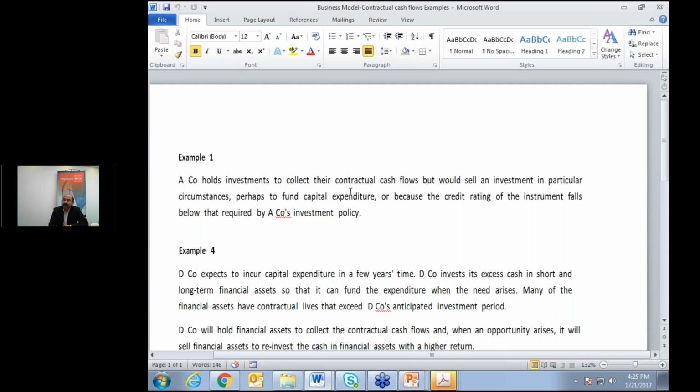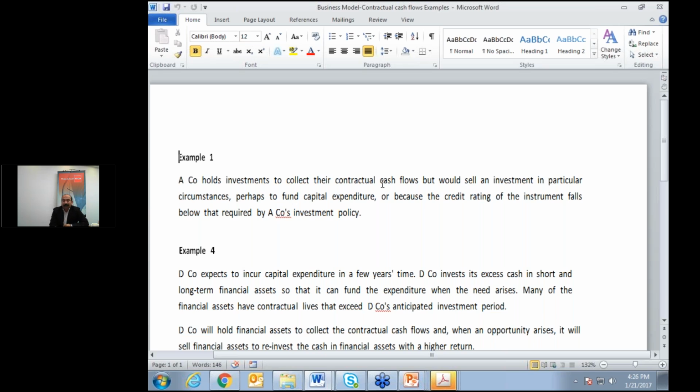This is their practice, that they hold investment to collect their contractual cash flows, but on occasions, in particular circumstances, they may sell any of those instruments in order to fund capital expenditure or for some other purpose. This could be the possibility.